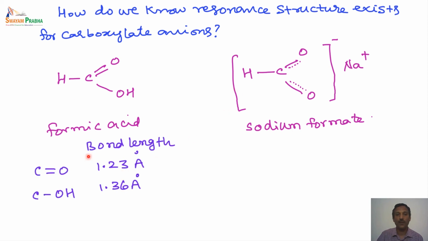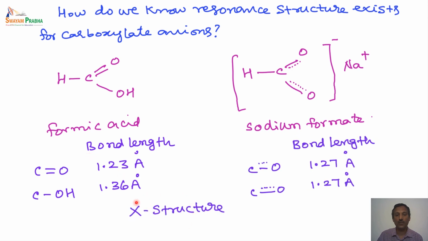And when we actually do the X-ray crystal structure studies, it has been shown that the carbon-oxygen double bond length is 1.23 angstrom, and the C-OH bond length is 1.36 angstrom. So in other words, we already know that double bonds are shorter than single bonds. So this bond length is shorter compared to the longer C-OH bond.